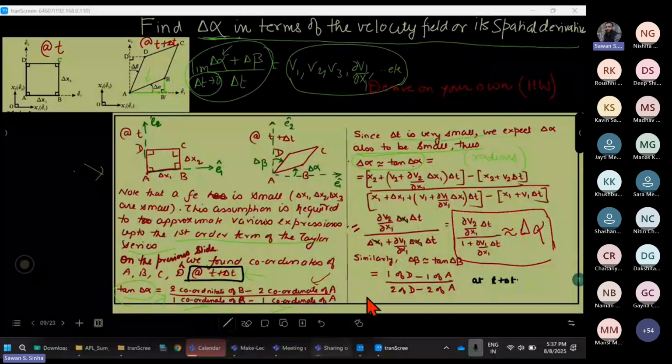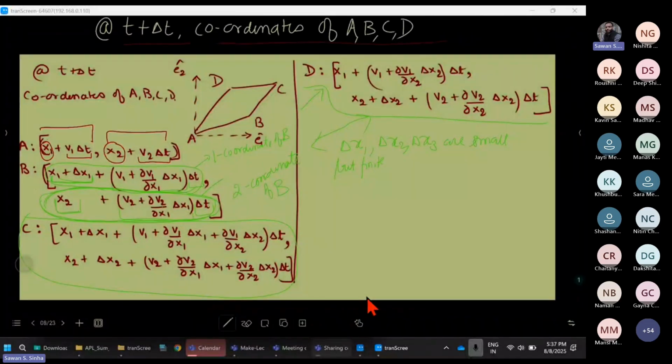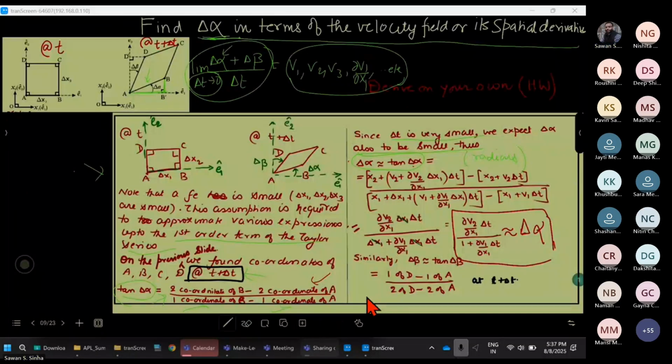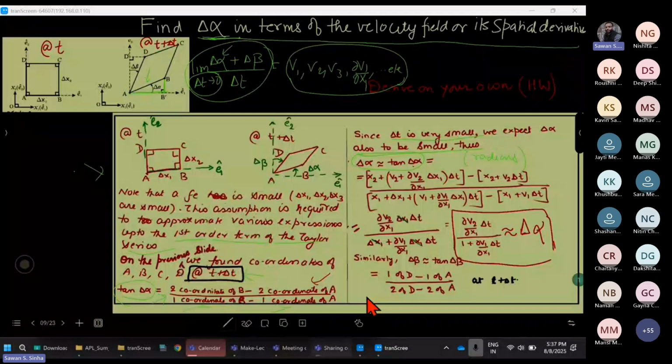Whatever coordinates I have obtained so far for various points, I am now going to put them in the expression. What I have written here is the 2 coordinate of B, this is the 2 coordinate of A at time t plus delta t, this is the 1 coordinate of B at t plus delta t, and this is the 1 coordinate of A at time t plus delta t.